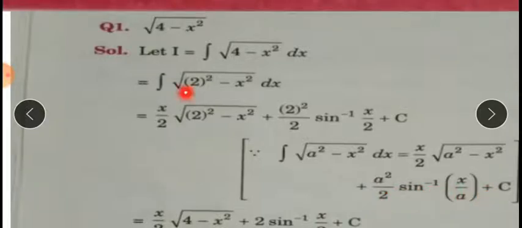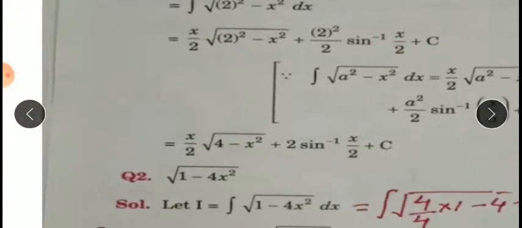Here, comparing with a square minus x square, in place of a, 2 is written, and x is x. Using this formula, it is x by 2 root a square minus x square, that is root 2 square minus x square, plus a square by 2, that is 2 square by 2, sin inverse x upon a, that is sin inverse x upon 2, plus c.